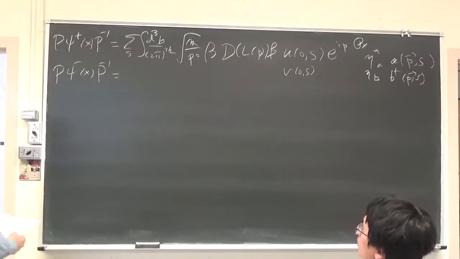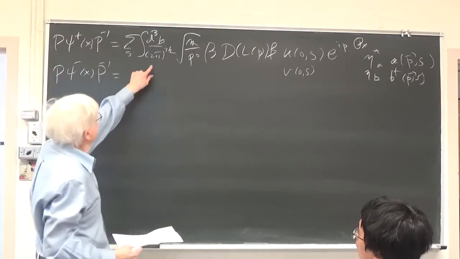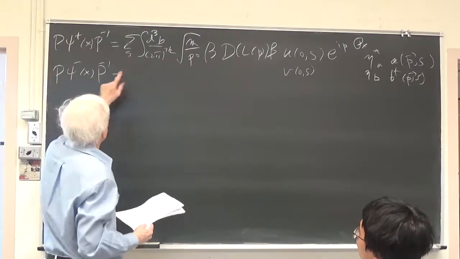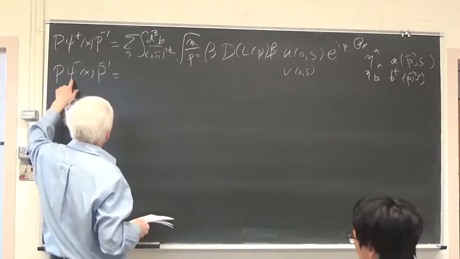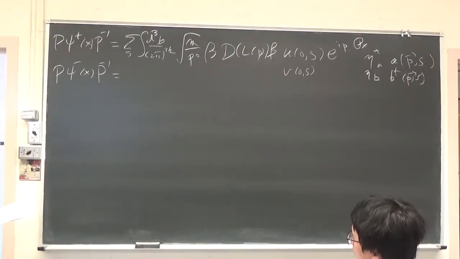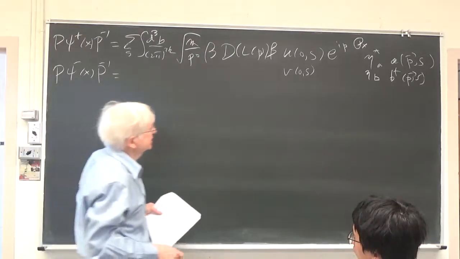And so what we want is that this should be just proportional to psi plus times a phase, and this should be proportional to psi minus, maybe a phase.